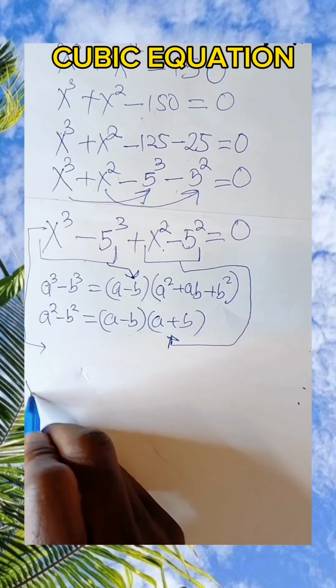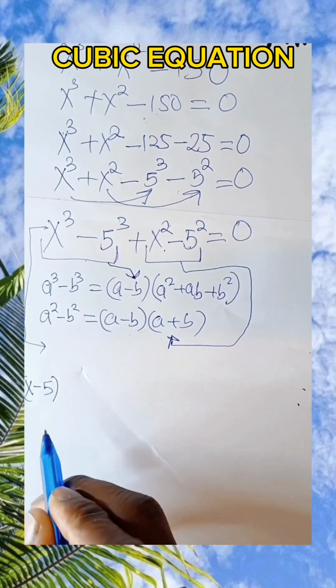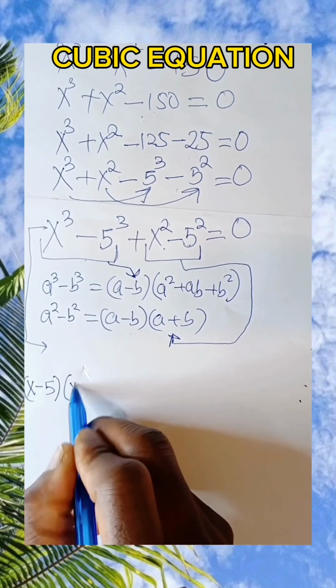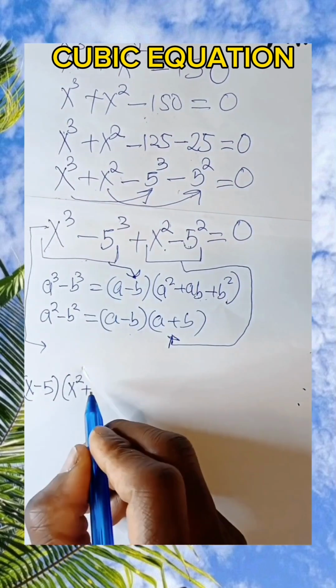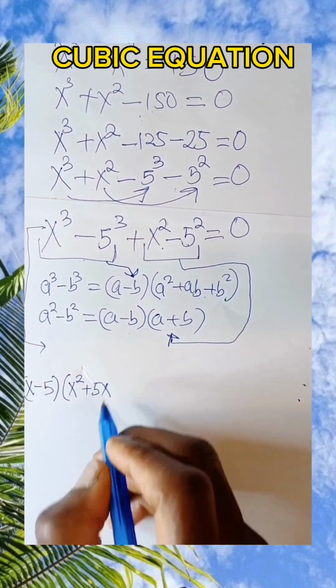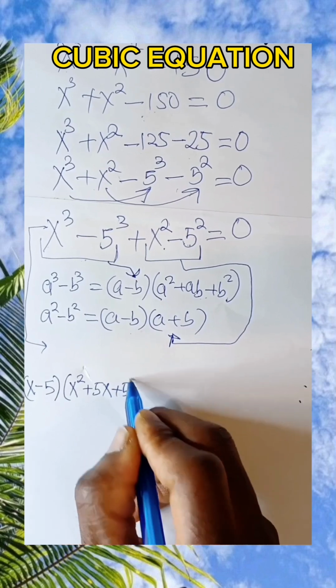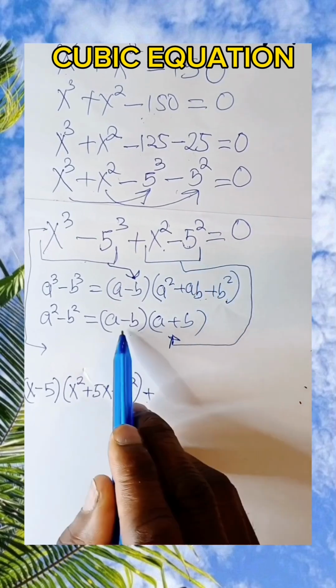So we will have x minus 5 times x squared plus ab is 5 times x. We will have 5x. b squared is 5 squared. So we have 5 squared plus, we will express the difference of 2 squares in this format.